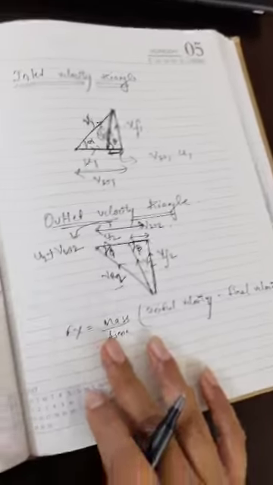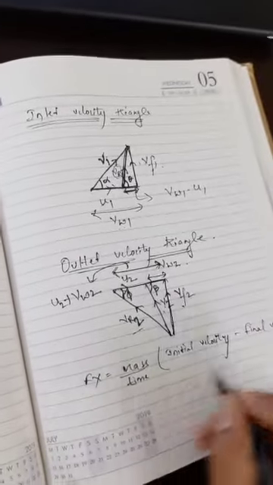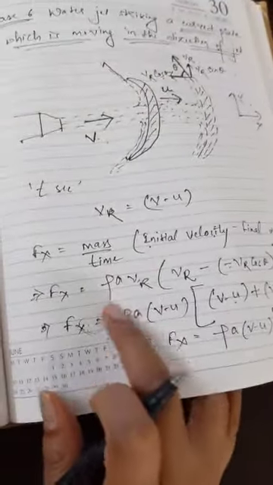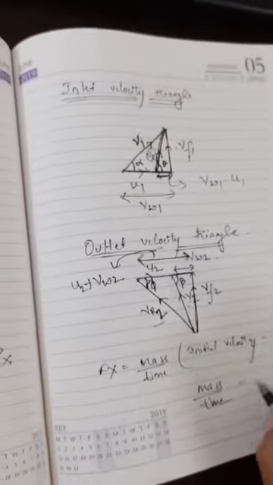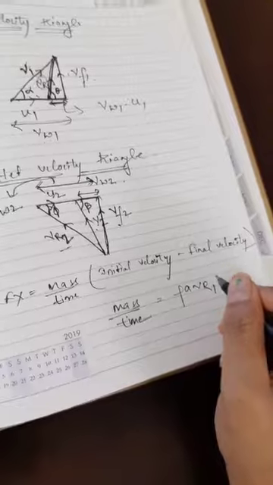As this is a moving condition, I have to find out the relative velocities. First, the mass by time: as we took in the last cases, the mass by time was taken as rho A VR. So similarly here we will take rho A VR1, because at the inlet the relative velocity is VR1.